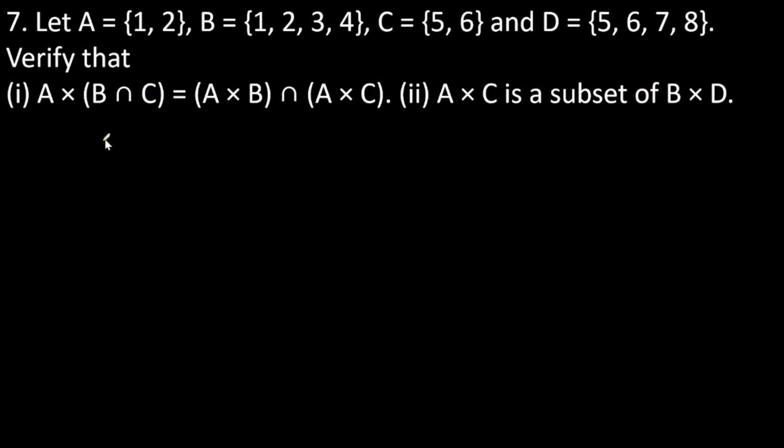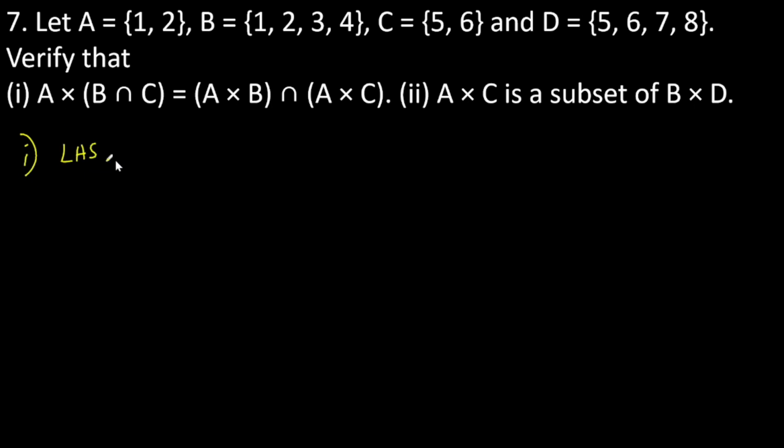Next, question 7. Let A equal this set, B equal these elements, C equal these elements, D equal these elements. Verify that A cross (B intersection C) equals (A cross B) intersection (A cross C), and A cross C is a subset of B cross D. Basically there are two sums we have to solve. First, the left hand side.